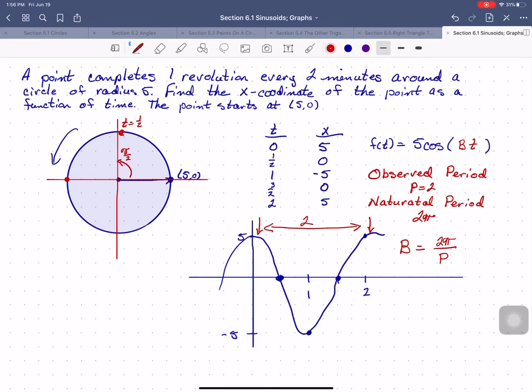So what we want in here is a pi. So my final function is f of t equals 5 cosine pi t.